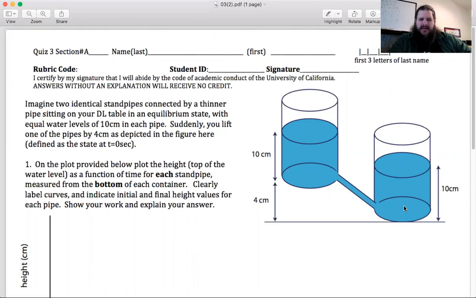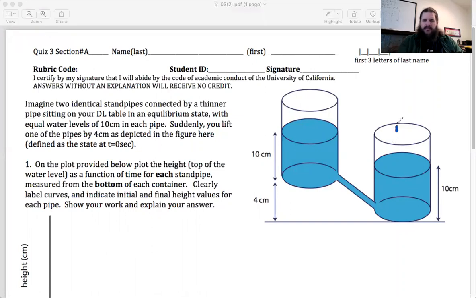Since these are identical standpipes, we know in general that whatever volume of water flows out of one flows into the other one. And since they're the same cross-sectional area, what does that tell us about the height changes? Let's say water flows out of the left tank, so it drops by 1 centimeter. Meanwhile, what happens to the right tank?